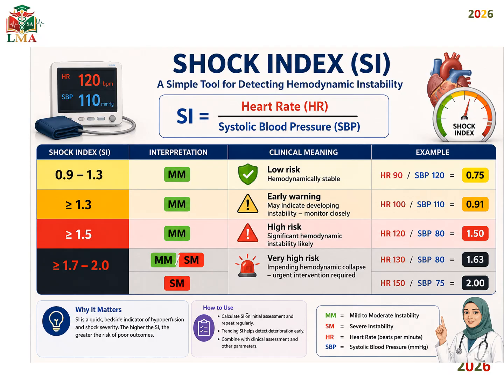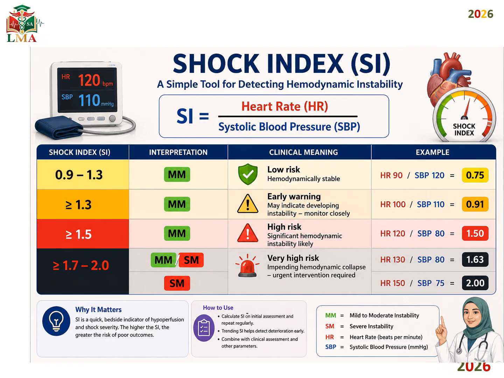Remember, when we talk about the shock index, and we are talking about early shock, the shock index is the heart rate divided by the systolic blood pressure, and we said that if the shock index is less than 0.9, it is normal, well compensated, and if it's between 0.9 and 1.3, it is yellow, early shock.